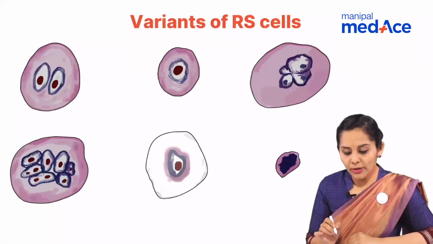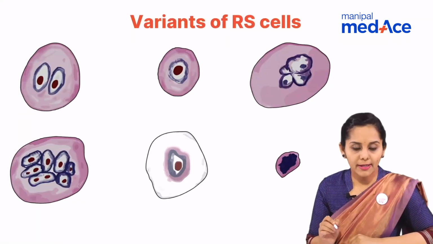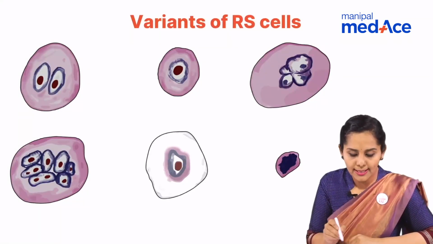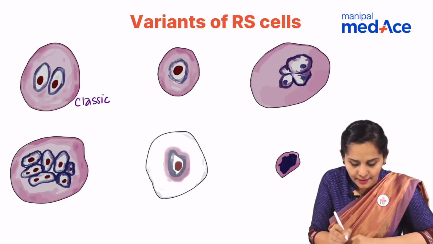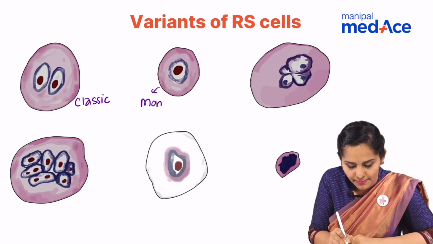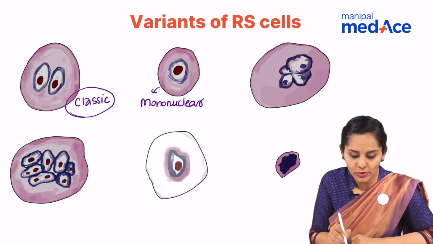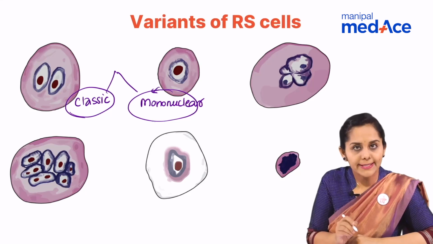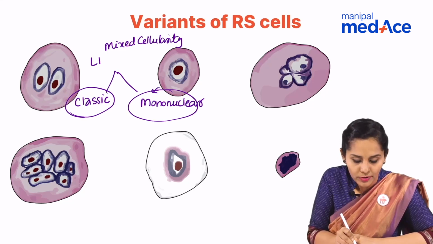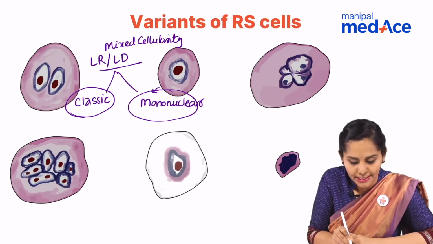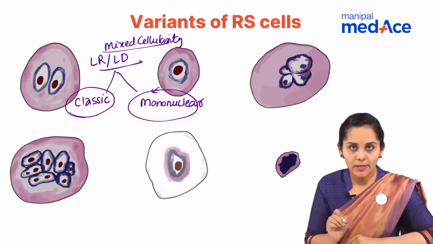Now, what are the important variants of Reed-Sternberg cell and where do you get them? So, this is basically a classic type and this is the mononuclear type. These two are usually associated with mixed cellularity Hodgkin lymphoma, or they can be present in lymphocyte rich or lymphocyte depleted type of Hodgkin lymphoma, right?